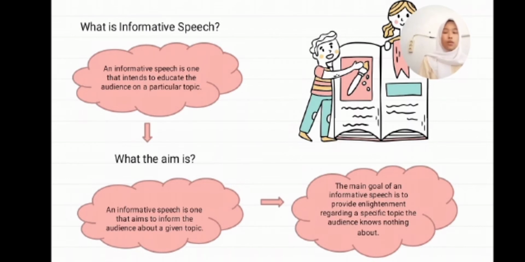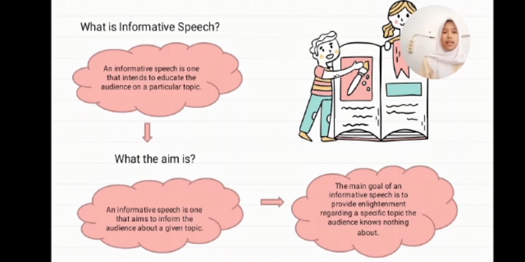Then, who knows what the aim is? Okay, an informative speech is one that aims to inform the audience about a given topic. That means the details need to be laid before the audience, so that they can make an educated decision or learn about the subject they are interested in.